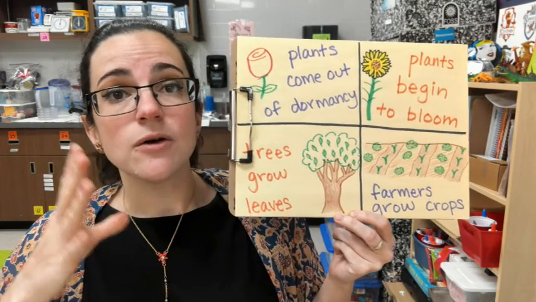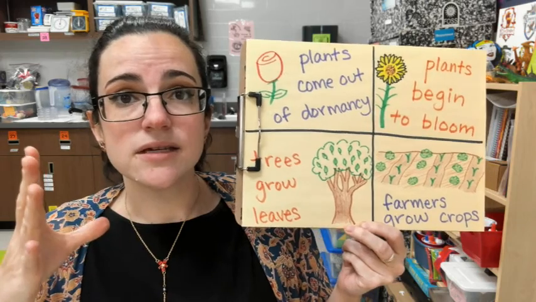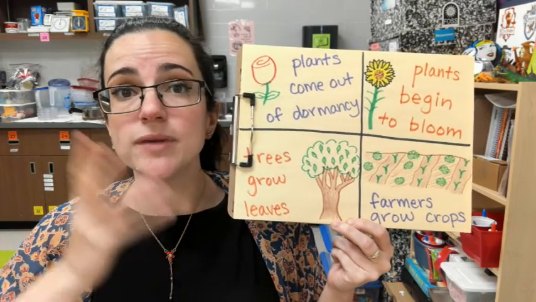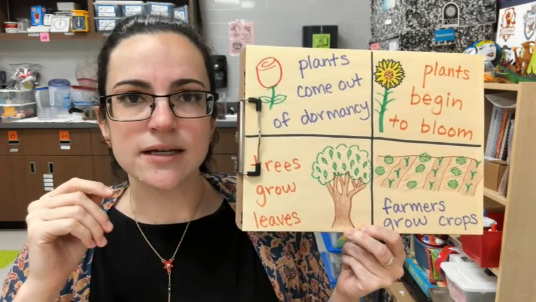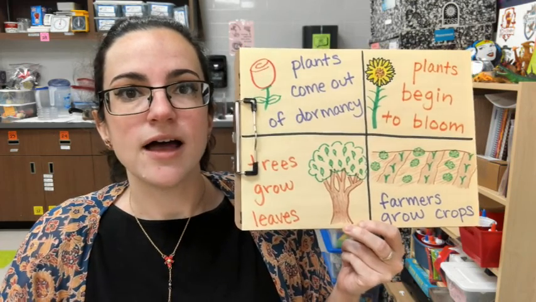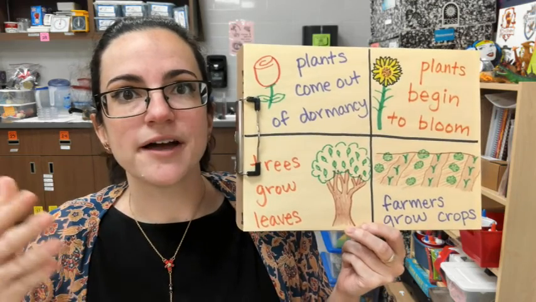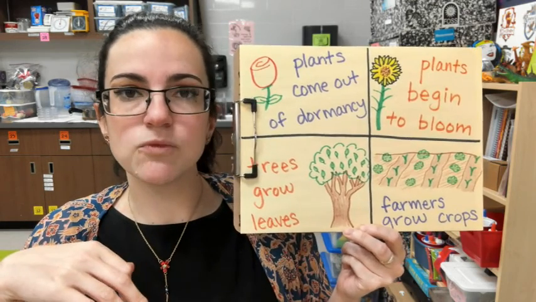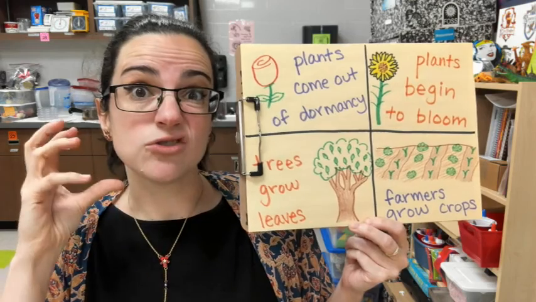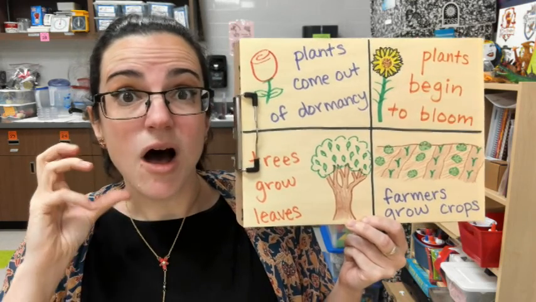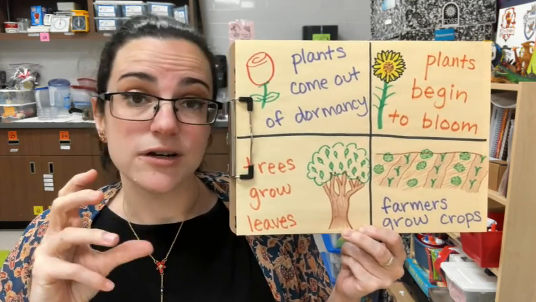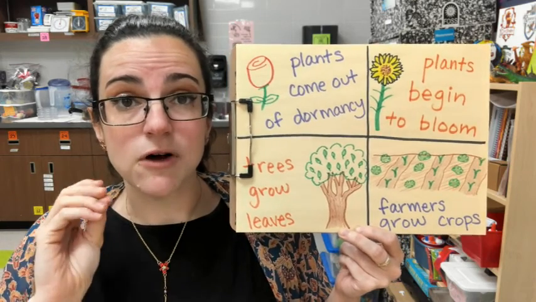And not only is this growing and blooming happening, but those insects that have come out of hibernation or have started to hatch or have migrated back to where they came from are going to be attracted to everything that's starting to grow and bloom as far as plants go.